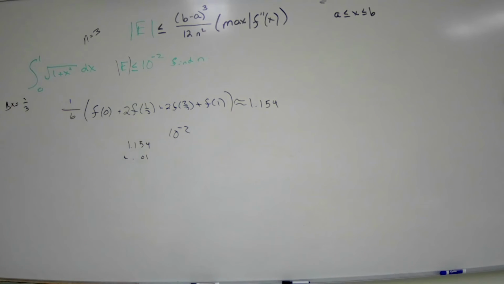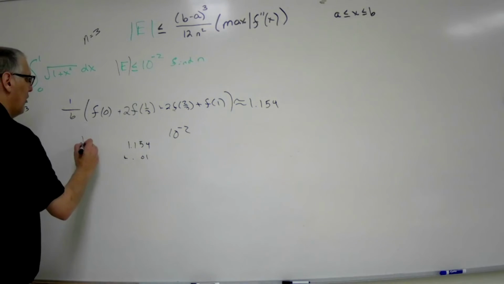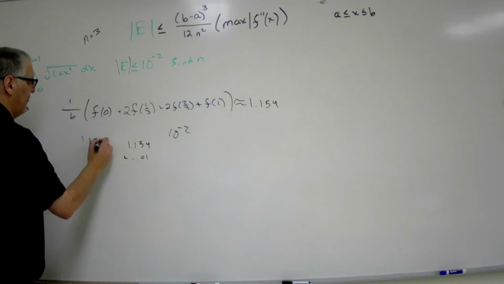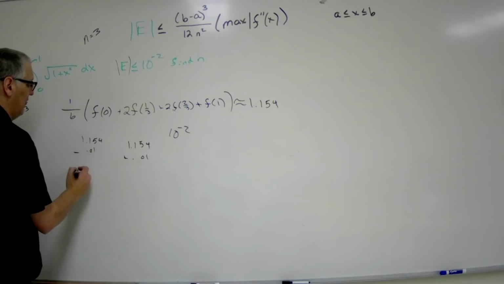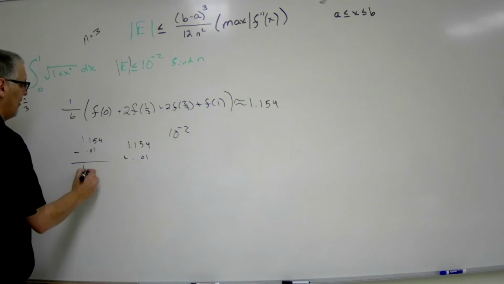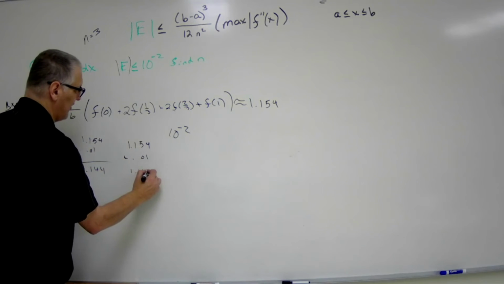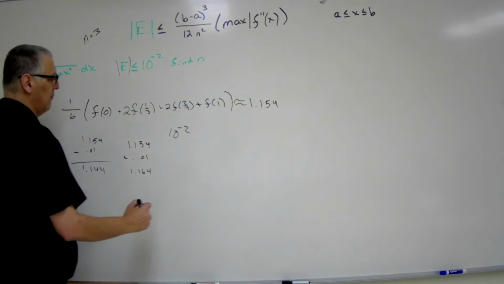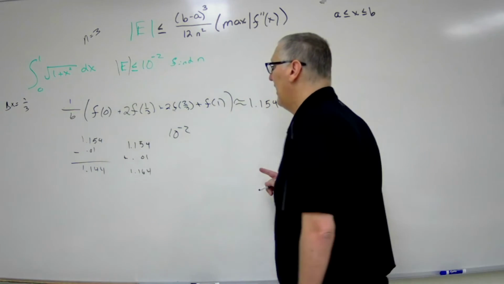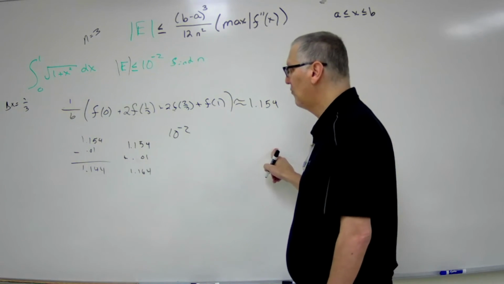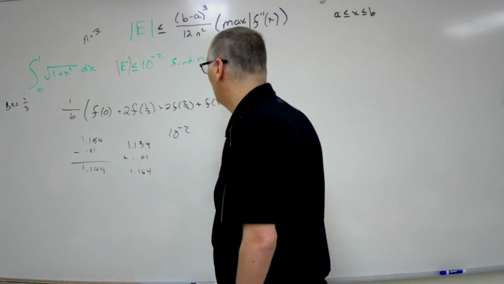It's been a long day. Yeah, 0.1. And then 1.154 minus 0.01, 10 hundredths. So 1.144, 1.164. That means my area is between these two numbers, guaranteed.